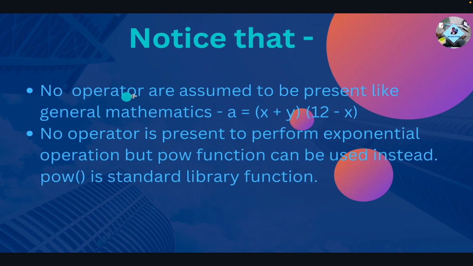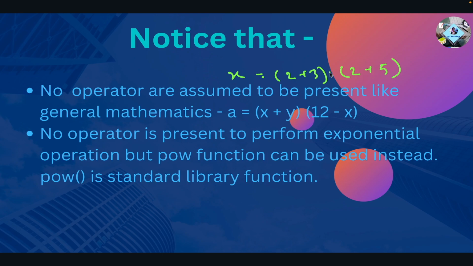Next, notice that no operator is assumed to be present like in general mathematics. In general mathematics, if we have some variable like x equal to 2 plus 3 into 2 plus 5, right?